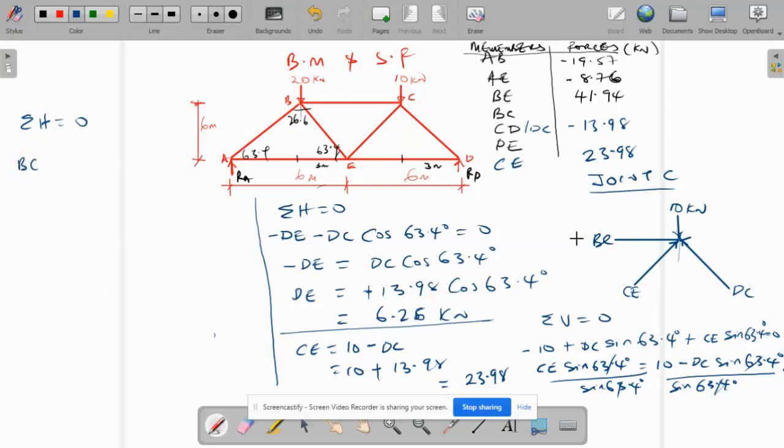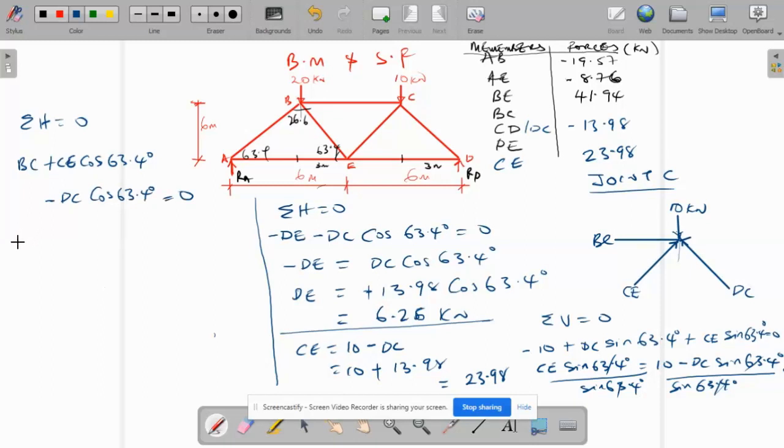Then this one, when we resolve it, is going to be positive CE cos 63.4 degrees. Then this one resolved horizontally is going to be minus DC cos 63.4 degrees, equal to 0.